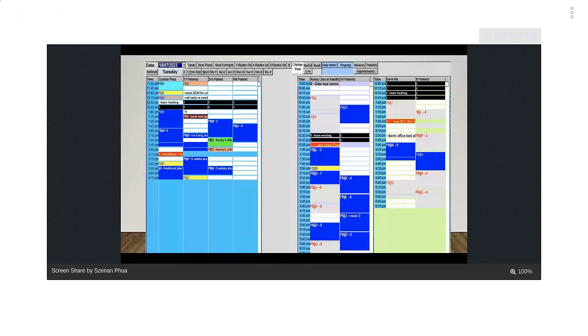As you can see on the left side, on the top, Tuesday, 18/7, 2023, that's Szenan-Balance, and that's my calendar. Every 15 minutes, at 11:30 I have 2 patients, 11:45 no patient, 12 one patient, 12:15 one patient, and between 12:30 and 1 o'clock we have a team meeting in the clinic.